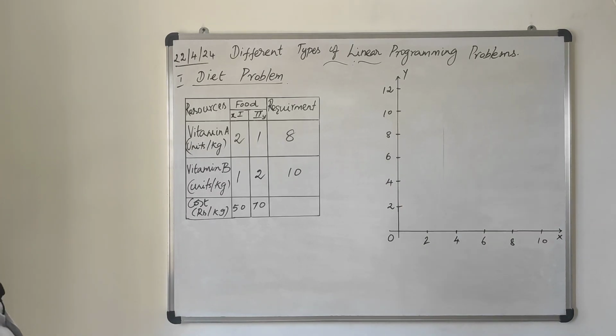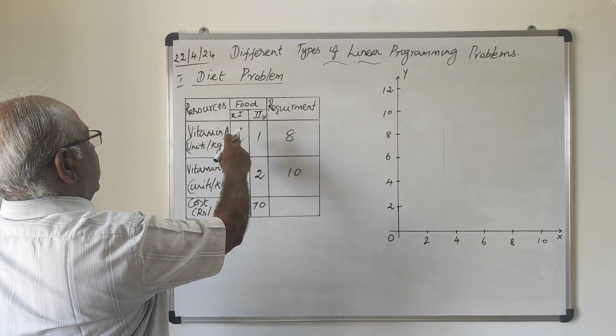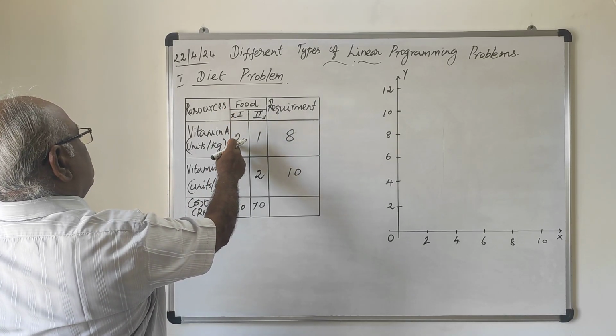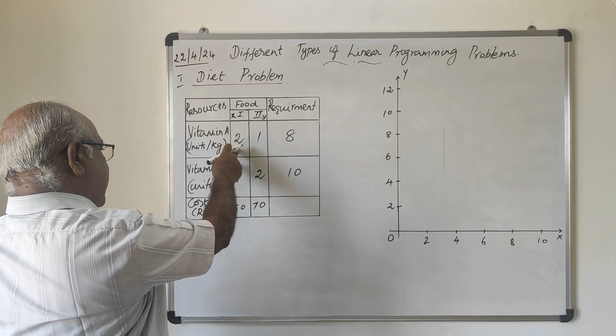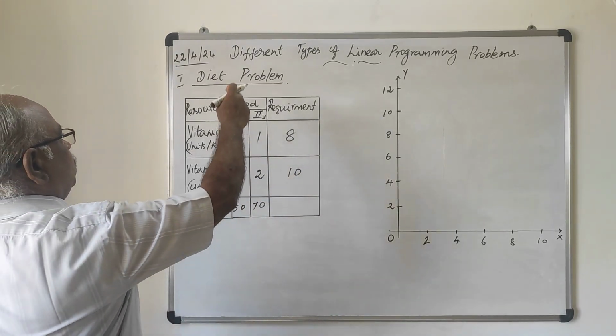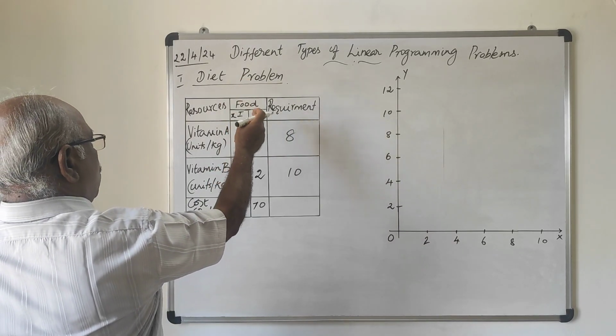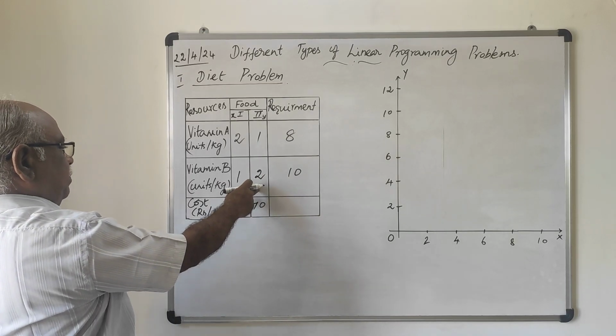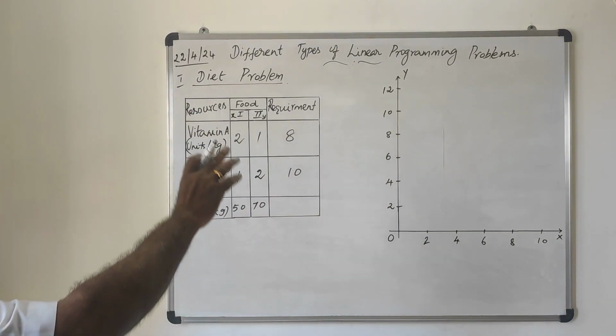Food 1 contains 2 units per kg of vitamin A and 1 unit per kg of vitamin B. Similarly, food 2 contains 1 unit per kg of vitamin A and 2 units per kg of vitamin B. These are the data given.